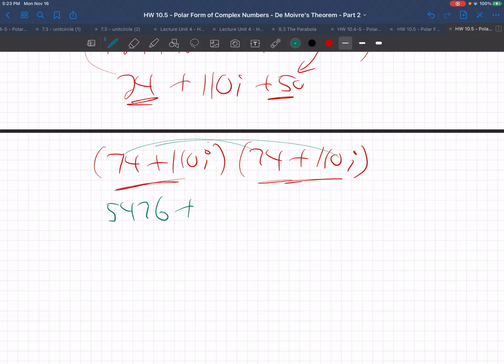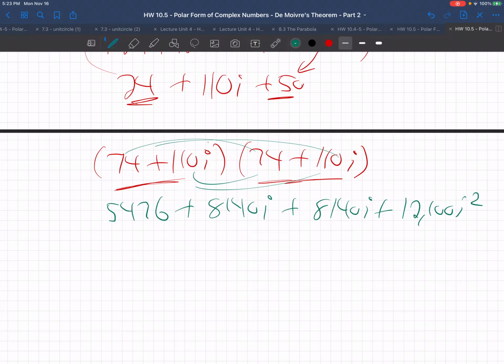5476 plus, what is 74 times 110? Plus 8140i plus, and that'd be the same thing again, 8140i plus, what's 110 times itself? 12,100i squared.